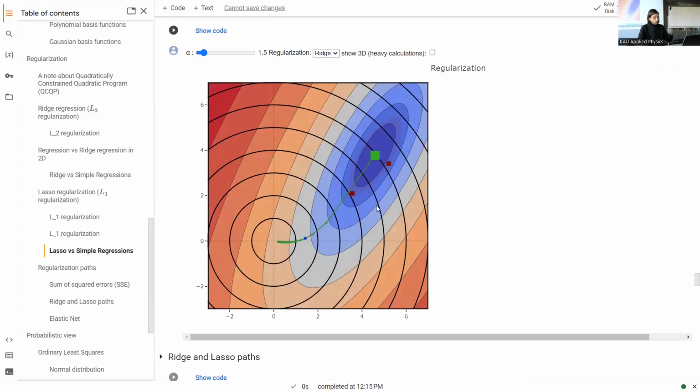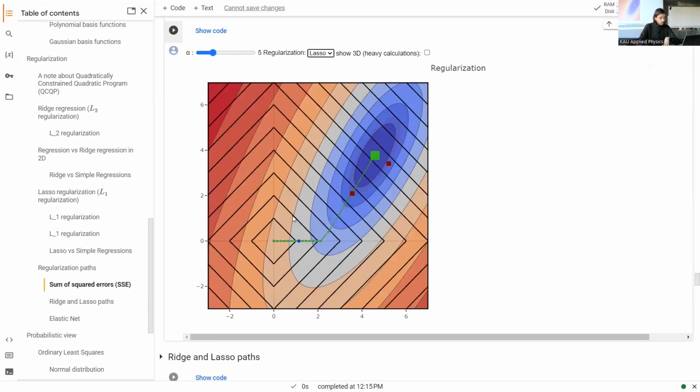And these black circles show the ridge regression function that restricts the parameters. So when I'm making my alpha bigger and bigger, I'm making my restrictions stronger and stronger, I get closer to 0. That's in case of ridge regression.